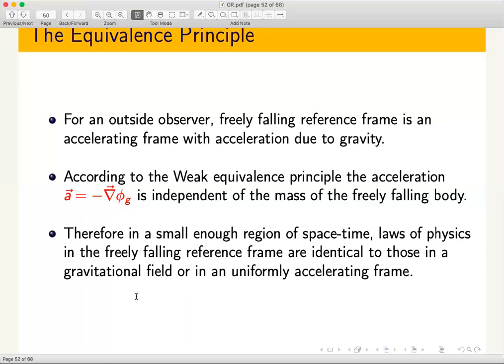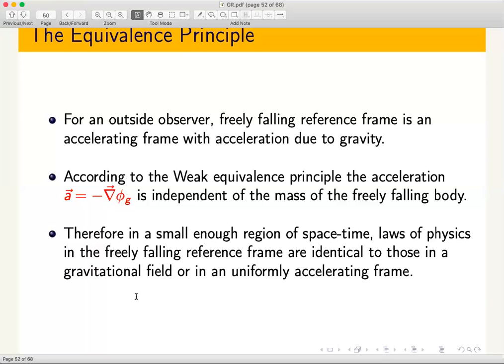For example, a system on Earth versus 10 feet above the Earth. In this region, the gravitational potential wouldn't change much, and therefore you should be able to see the effect due to the gravitational field and compare that with a uniformly accelerating frame.